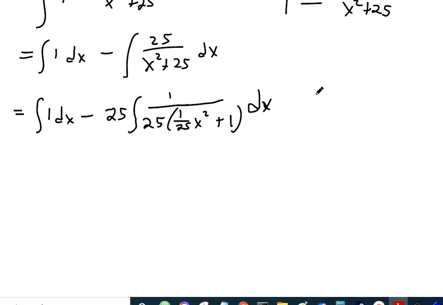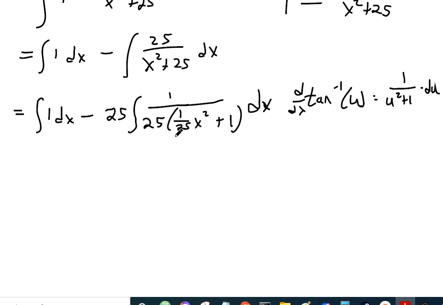So now, going back to this arctangent derivative, the derivative with respect to x of arctangent u is 1 over u squared plus 1 times the derivative of u, right? So we need u to be something that's being squared. So my substitution is going to be u equals 1/5 x. That way, when you square u, 1/5 squared makes 1/25. Okay, and then these are going to cancel out nicely.